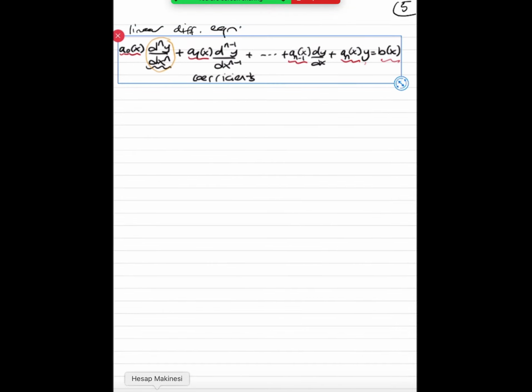Great, so this is a linear differential equation. Okay, I will continue giving examples. Second example. Okay, let's keep going.